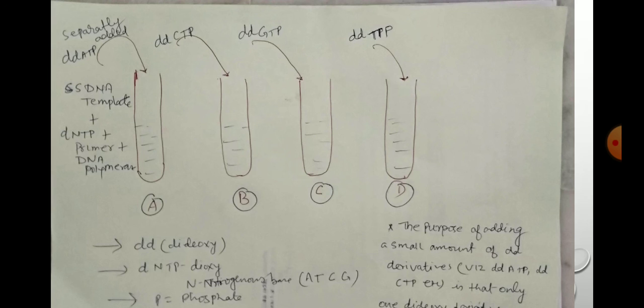So this method is much easier as compared to the previous method. This DNA sequencing method is done to find out the location of a particular nucleotide sequence in a given DNA fragment.